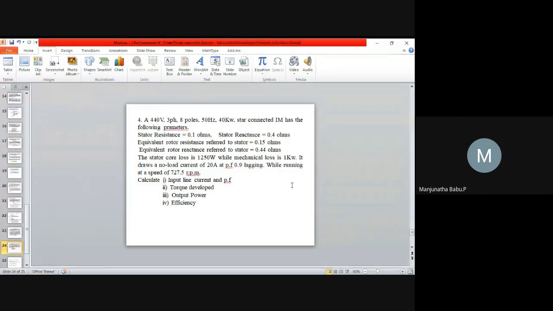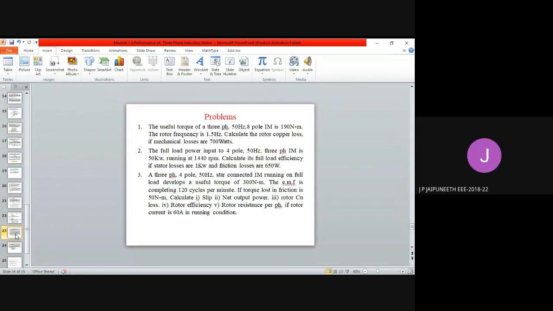I'll solve this first, and later I'll dictate this numerical. Do you have any doubts with respect to these 3 numericals we have solved now? No, sir. If you have any doubts, we can discuss.